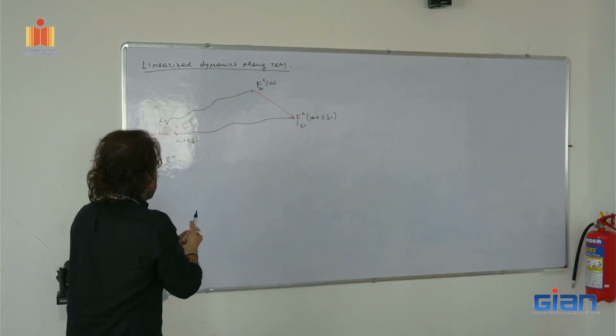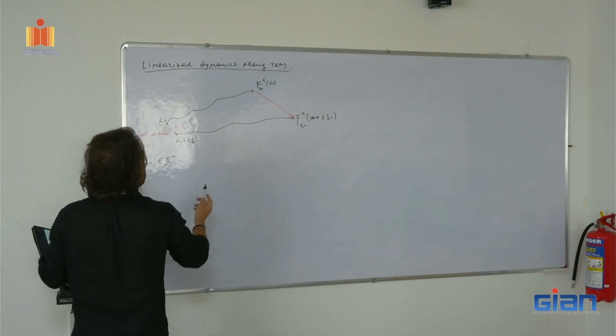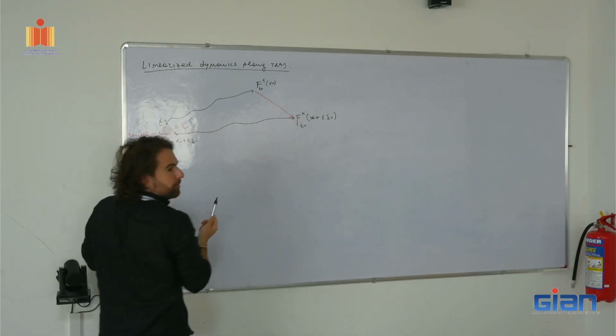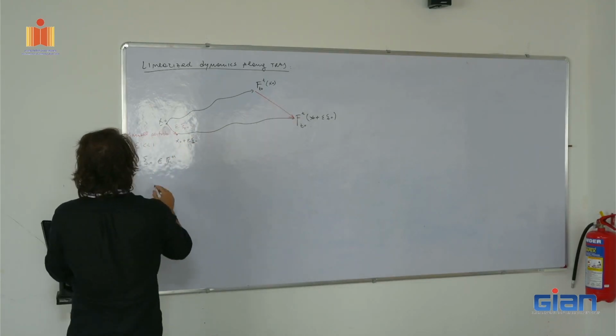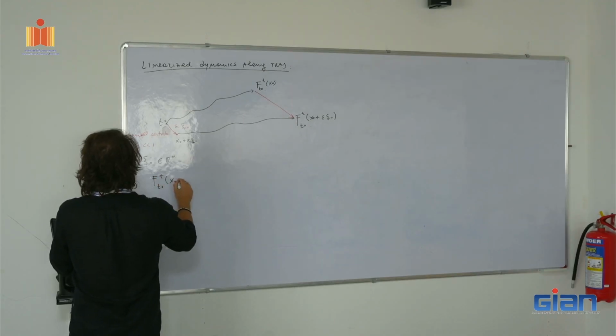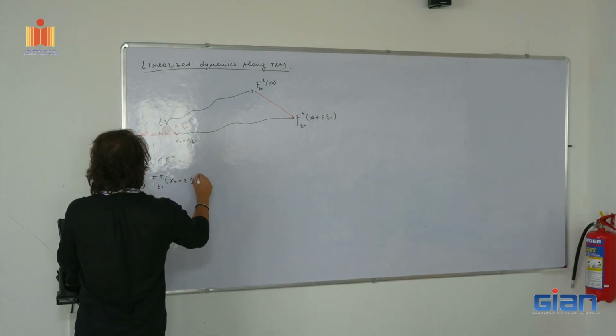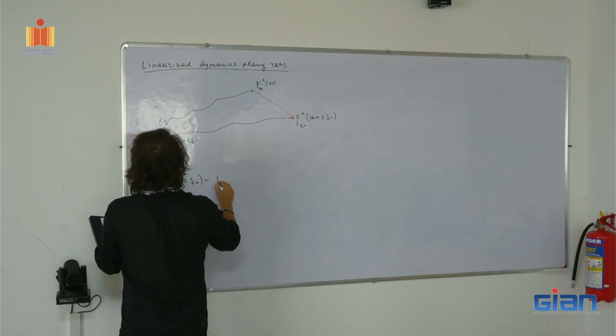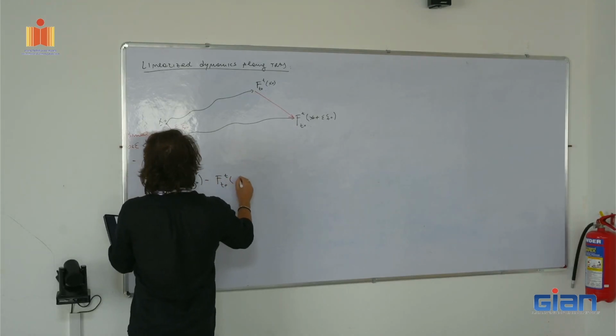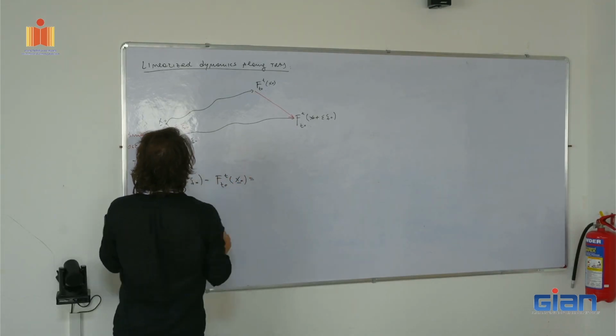It's very simple. This one is this one minus this one. So f t0 t of x0 plus epsilon zeta 0 minus f of t0 t of x0 is equal to what?